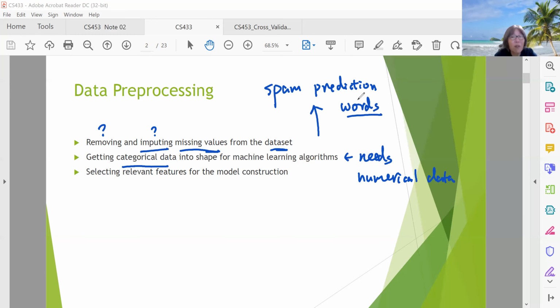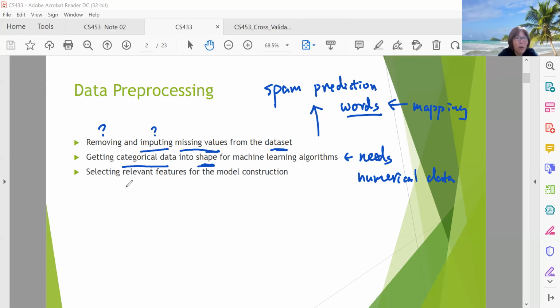And the words definitely have no numeric value directly associated with them. So over there, we used some other technique: we did some mapping, to match a word with some numeric number. So that's regarding categorical data. How are we going to convert them to numeric data for the algorithm to do training?